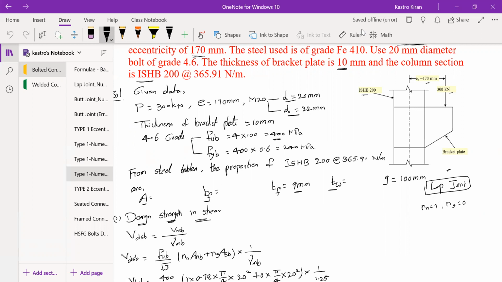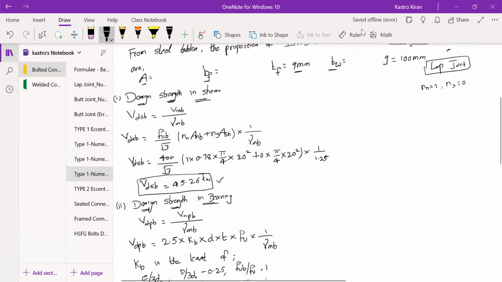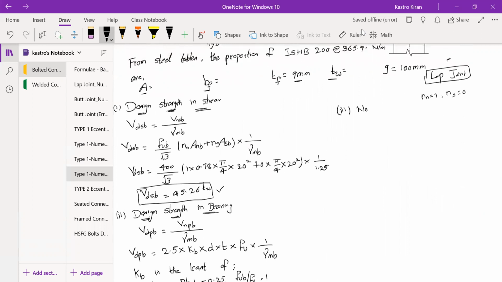So the third step is number of bolts required. The formula is N equals under root 6m divided by p into n dash into VSD.